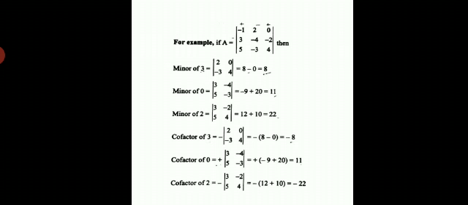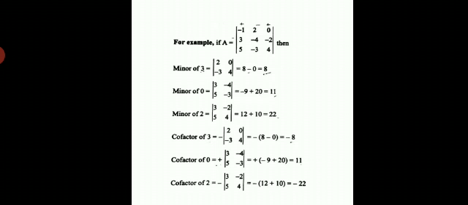Do remember this. For example, if A is the determinant with 3 rows and 3 columns: minus 1, 2, 0, 3, minus 4, minus 2, 5, minus 3, 4. Then the minor of 3 can be found as follows.